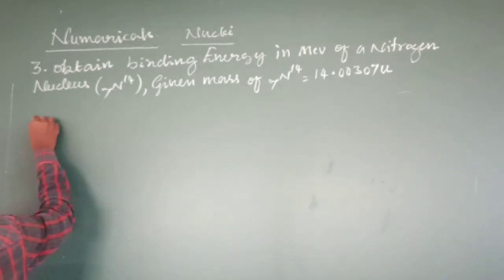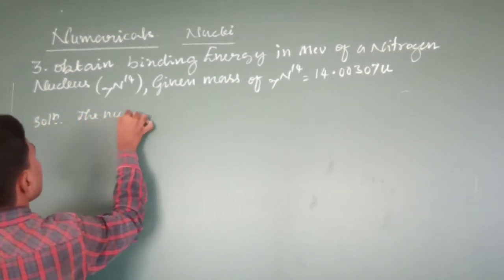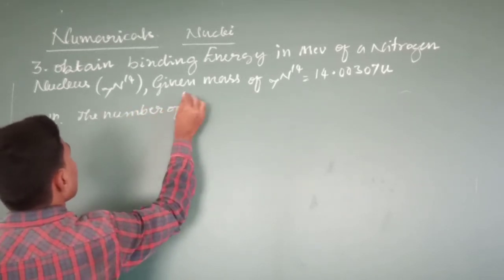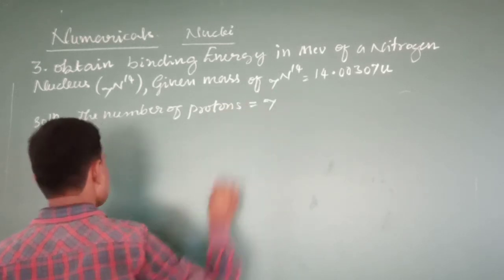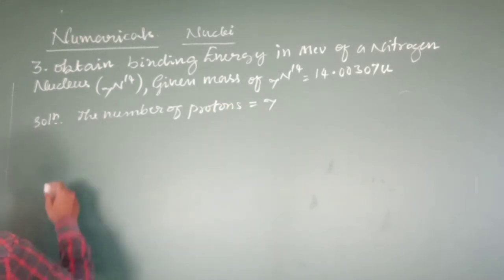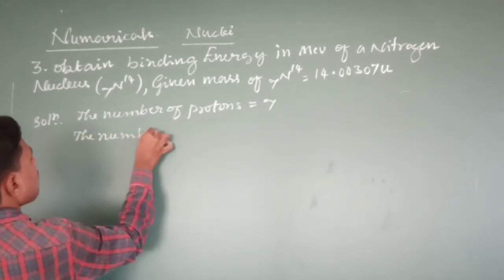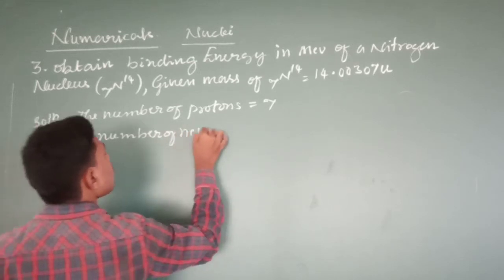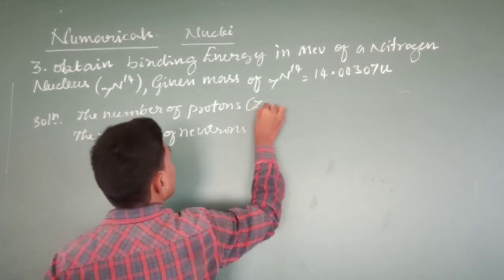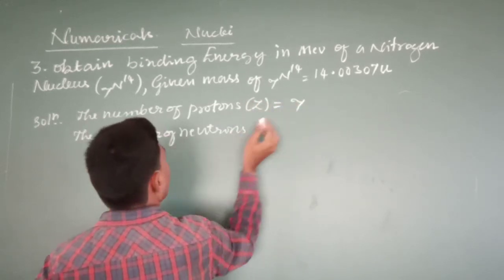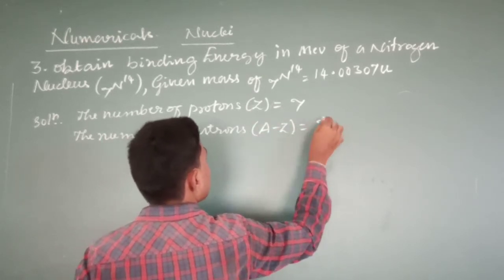First, the number of protons Z is equal to 7. Next, the number of neutrons, that is A minus Z, is also 7.